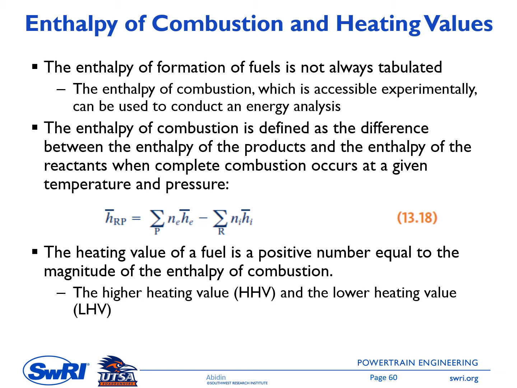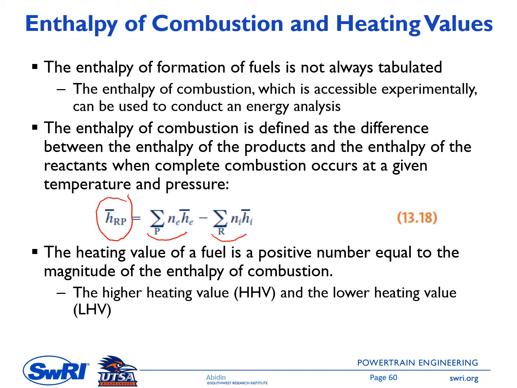The first term on the right side here is the enthalpy of the products, and the second term here is the enthalpy of the reactants. So this is the enthalpy of combustion, h_RP, on a molar basis. The heating value of a fuel is a positive number equal to the magnitude of the enthalpy of combustion.